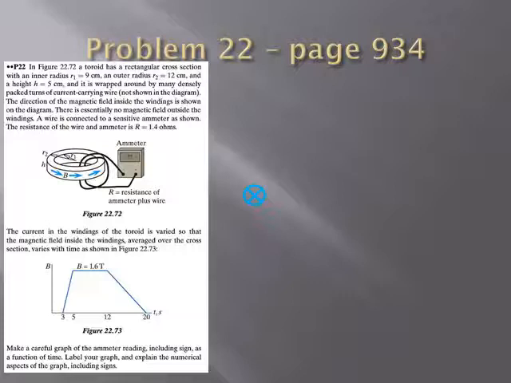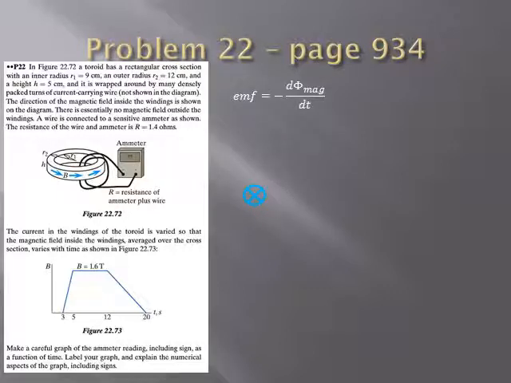Then it stays constant for a period of time. And then at 12 seconds, it decreases until it gets down to 20 seconds and we have 0 magnetic field. It says make a careful graph of the ammeter reading, including the signs, as a function of time. Label your graph and explain the numerical aspects of the graph, including signs.